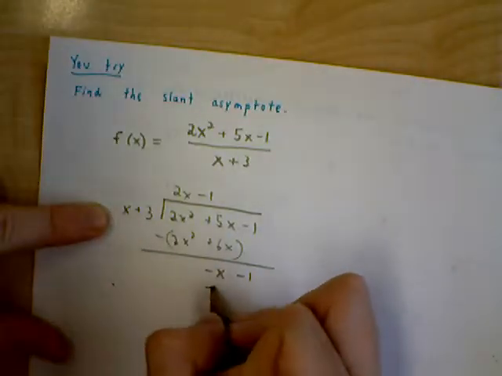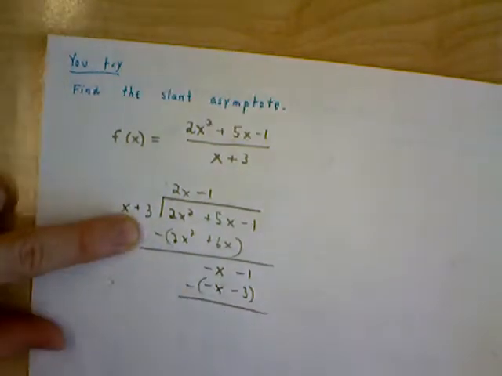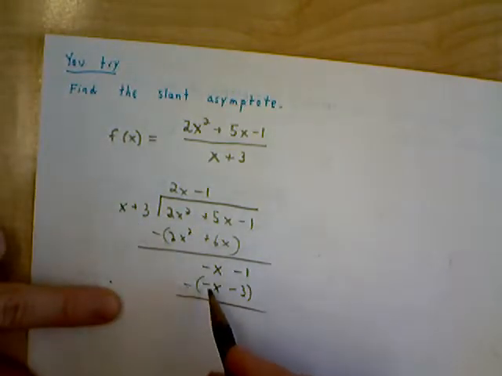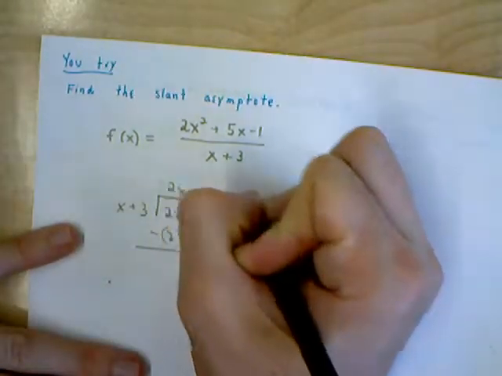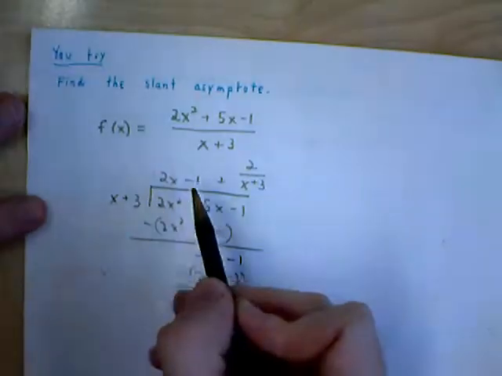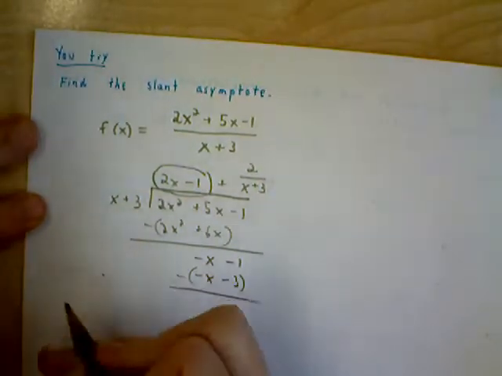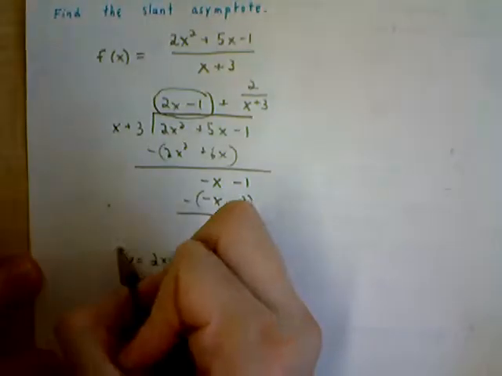Negative 1 times x is negative x. Negative 1 times 3 is negative 3. Parentheses and subtract. Negative x minus negative x cancels. Negative 1 minus negative 3 is 2. All right, take the result without the remainder. y equals 2x minus 1 is your slant asymptote.